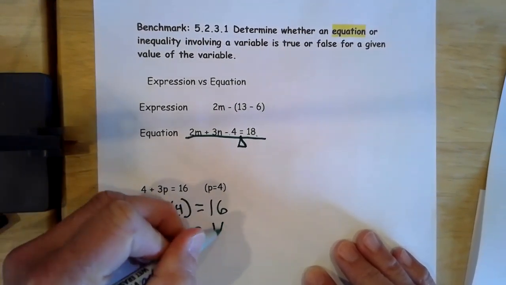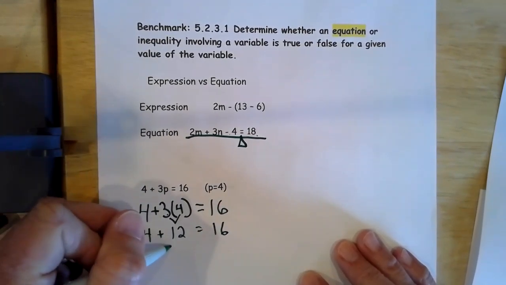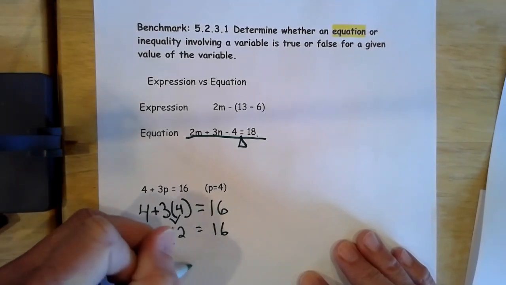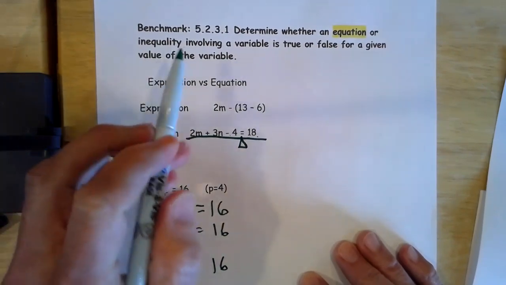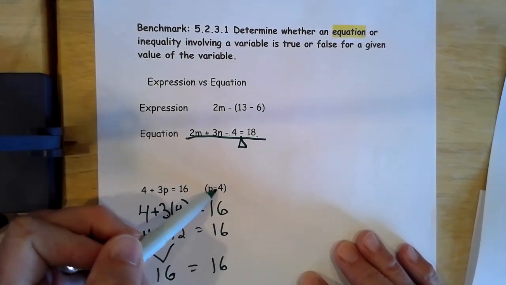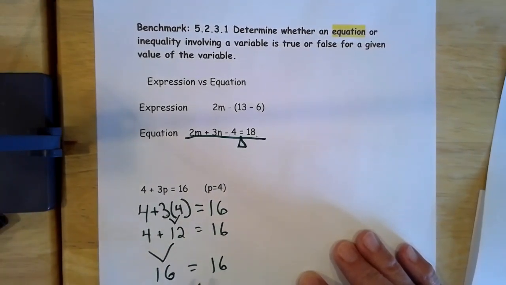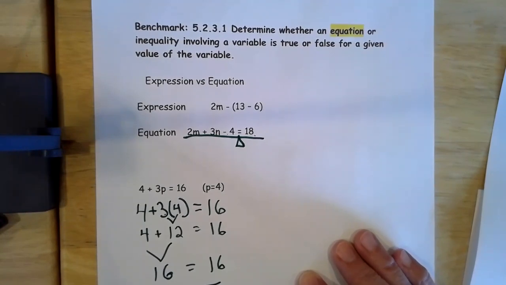And that should equal 16 if this is a true equation. So if I add those together, I get 16 is equal to 16. Now they want us to determine, by putting in this value 4, is this equation true? Does 16 equal 16? Yes, it is. So this equation for that variable is true.